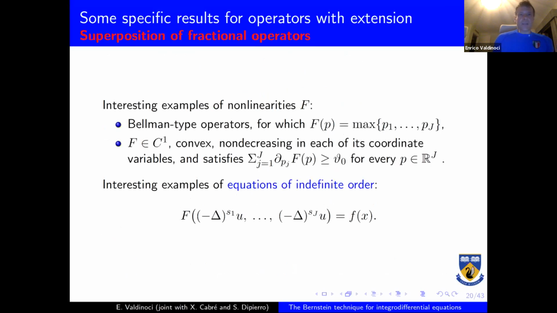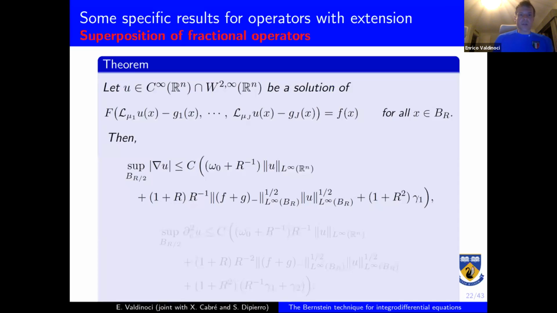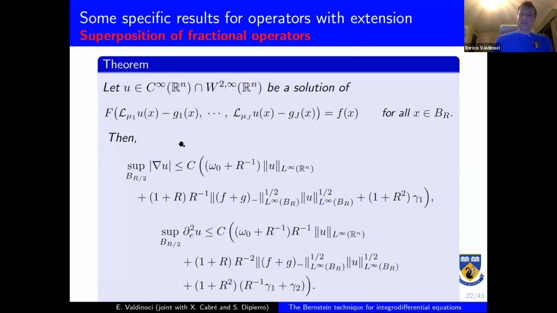Okay, so let me try to be a little bit more quick about this, just again giving the result in which you have superpositions of different operators with respect to different measures in a fully nonlinear equation driven by nice and convex f. And again, in this situation, you can have first derivative bounds and one-sided second derivative bounds.